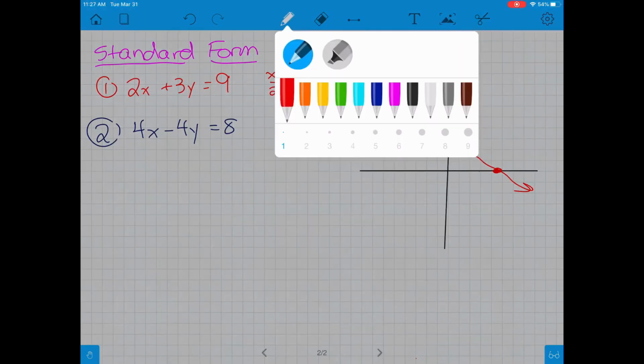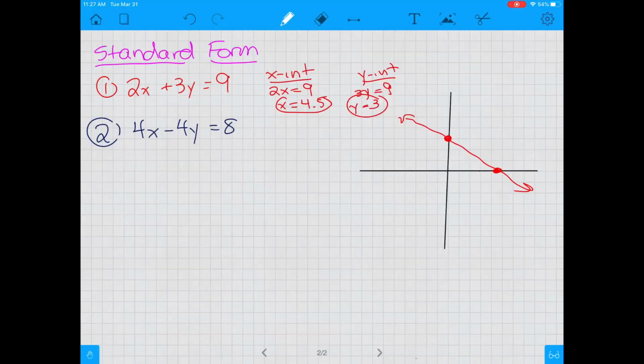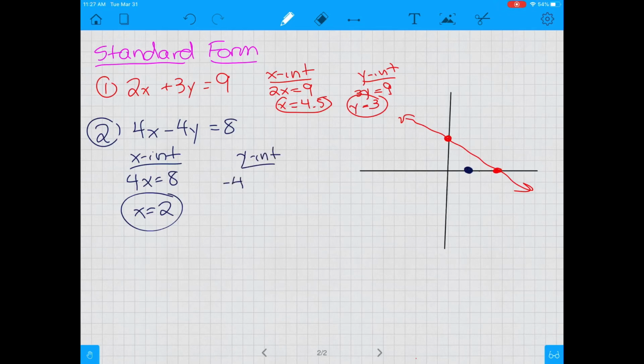For my second line, this is actually really easy. Your x-intercept: 4x equals 8, which gives x equals 2. Well, that's easy. For your y-intercept, don't forget about the negative.